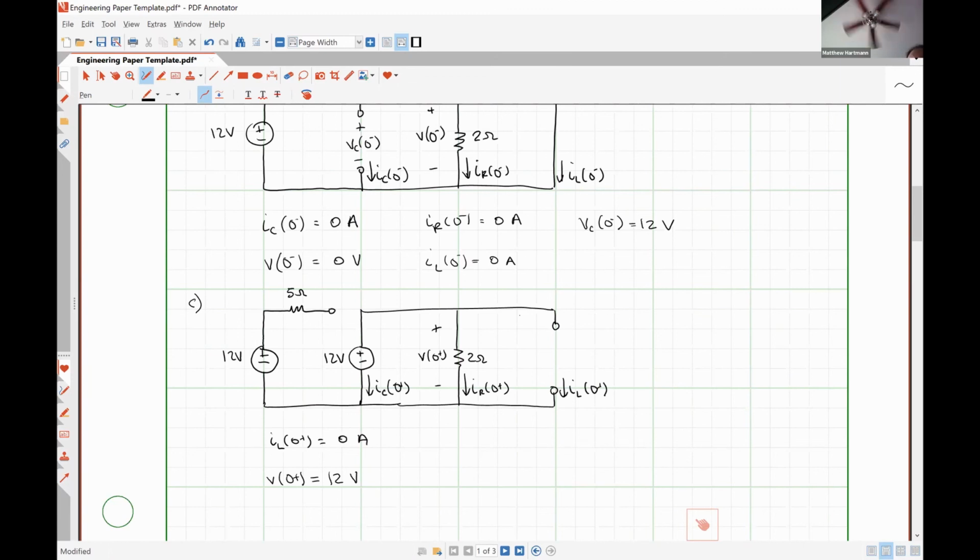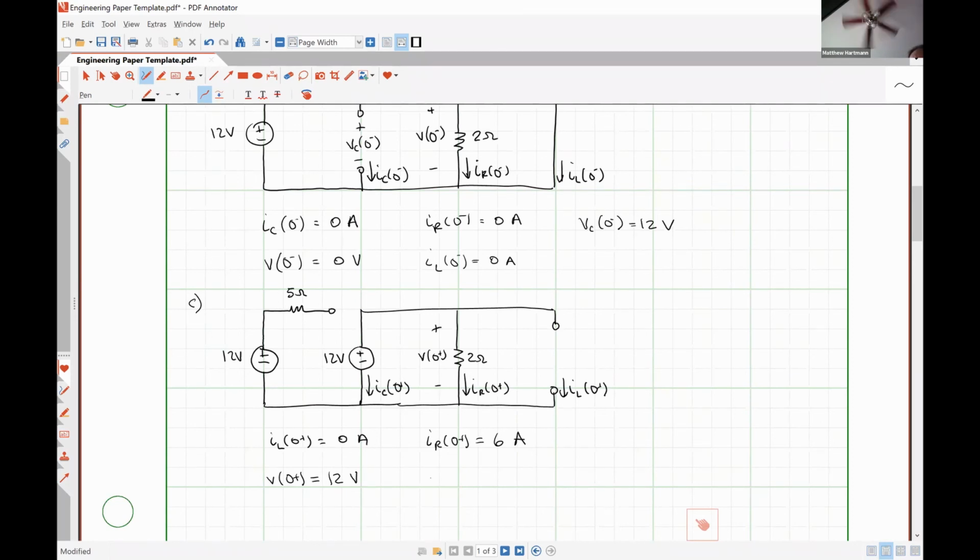All right, so let's look at IR. We know that there's a 12-volt drop over the 2 ohm resistor because it's in parallel with our capacitor. So 12 volts divided by 2 ohms gives me 6 amps.